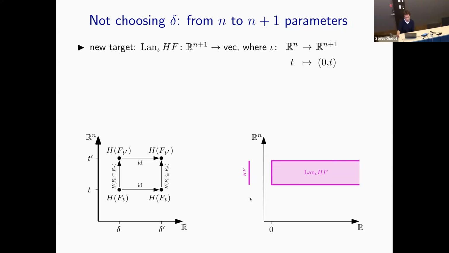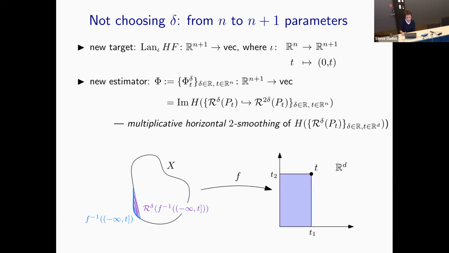So in the case n equals 1, if you started with a module that had a barcode with a single bar like this, then when you extend it, you get an interval module that is supported on a rectangle that goes to infinity to the right. Okay, and so now our new estimator is going to be a smooth version of the full functional Rips multifiltration.